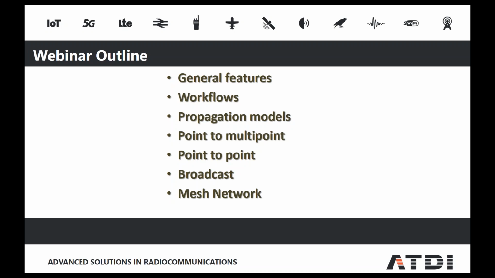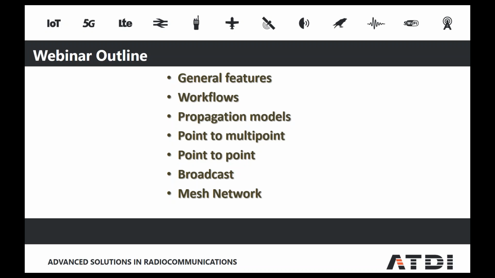I've got a little section on propagation models, again, probably quite generally applicable. There's been a number of new models that have been added. Some of these are just updates for the latest version of the ITU recommendations, but I'll signpost most of the main and important ones there.